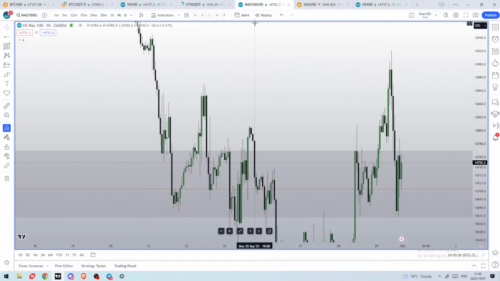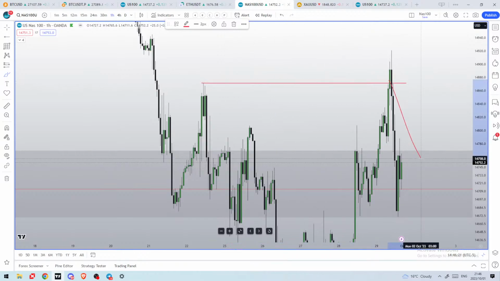Remember, when you are framing a draw on liquidity and price is seeking to go higher first to that draw, there should be no logical or reasonable expectation that price should just wick this particular high and then head down lower.